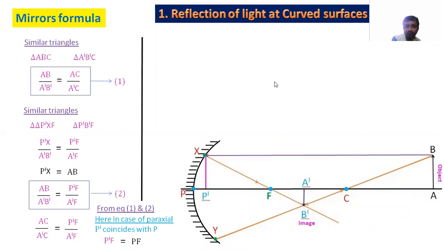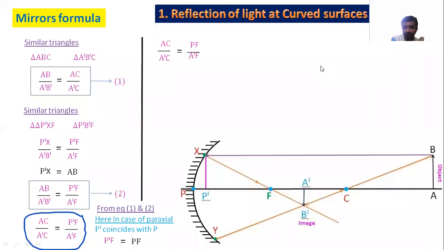From this equation, we can write AC by A dash C is equal to P dash F, which is replaced now by PF, so PF by A dash F. Any confusion? I just replaced P dash F using the concept of paraxial rays. So that's why P dash F is written as PF now.